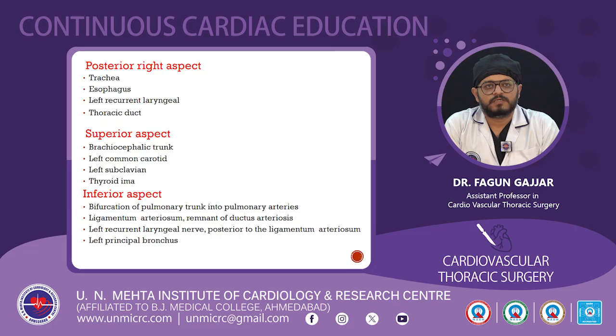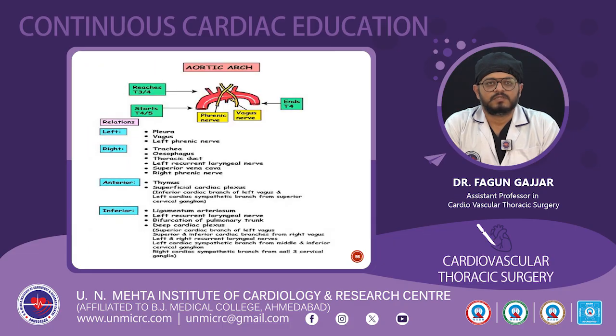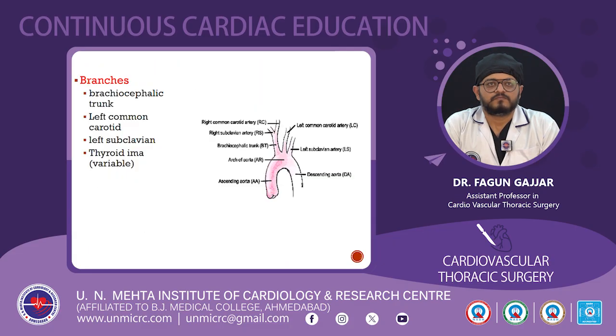On the superior aspect, brachiocephalic trunk, left common carotid, left subclavian, and thyroidea ima. And on the inferior aspect, bifurcation of the pulmonary trunk into the pulmonary arteries, ligamentum arteriosum, remnant of the ductus arteriosus, left recurrent laryngeal nerve posterior to the ligamentum arteriosum, and the left principal bronchus. These are the relations of the aortic arch.